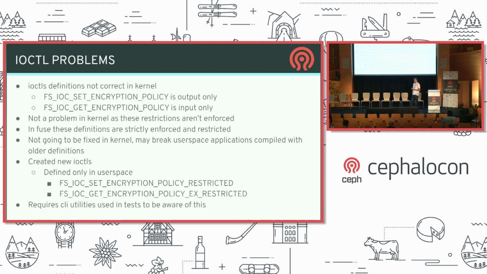So what we chose to do was create new ioctls, define new set and get as listed, and also we use fscrypt CLI extensively within our tests in Teuthology to validate CephFS, and so we needed to update fscrypt CLI to be aware of this limitation.